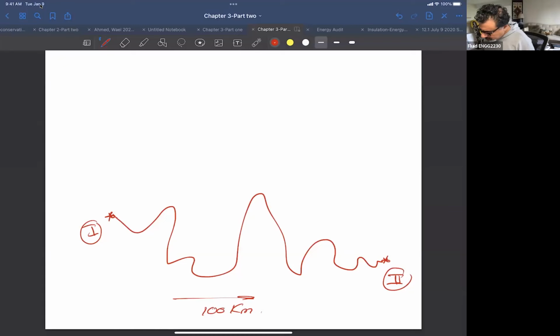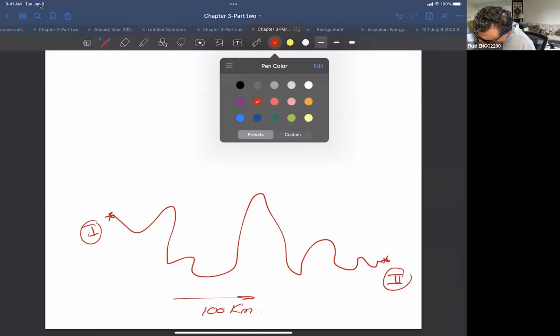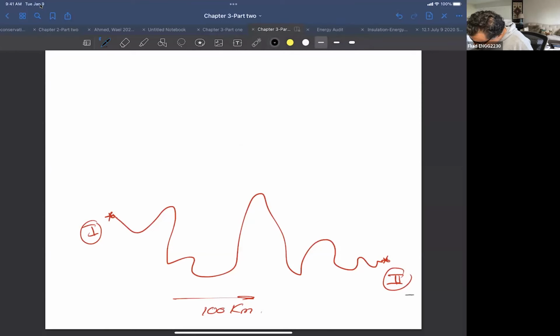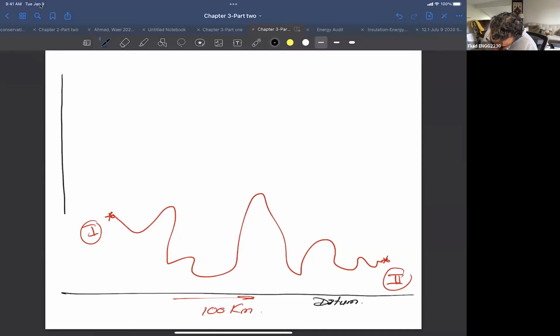Okay. Now, if you want to use the hydraulic gradient line to measure the pressure or to design this pipe, let's assume we have, for example, a datum here, or a reference point, okay? And let's look at this, the total energy line, okay?